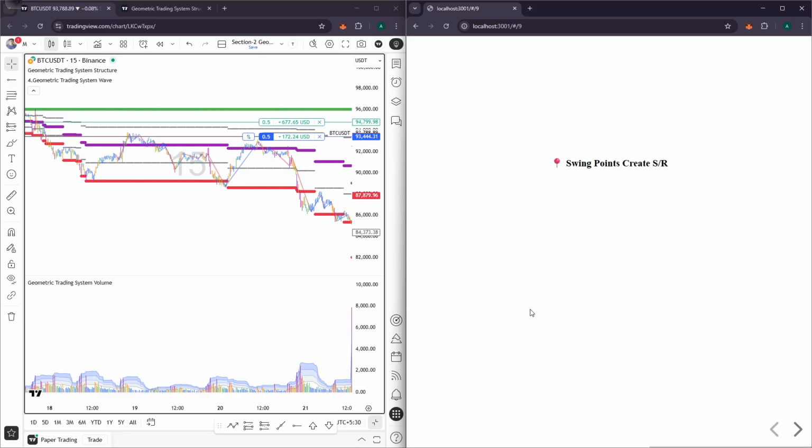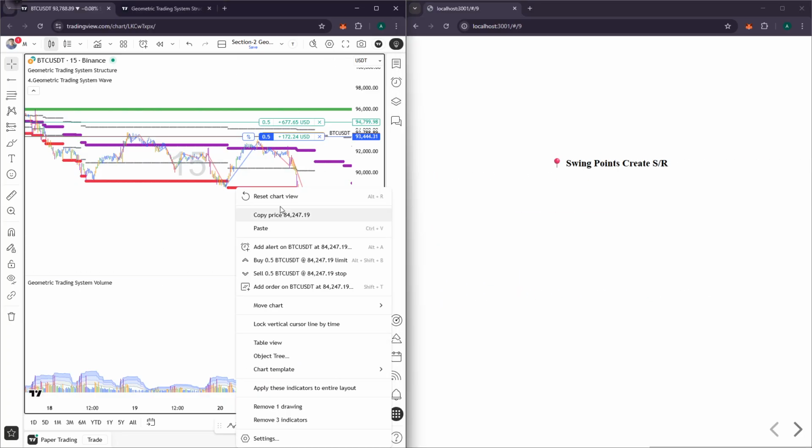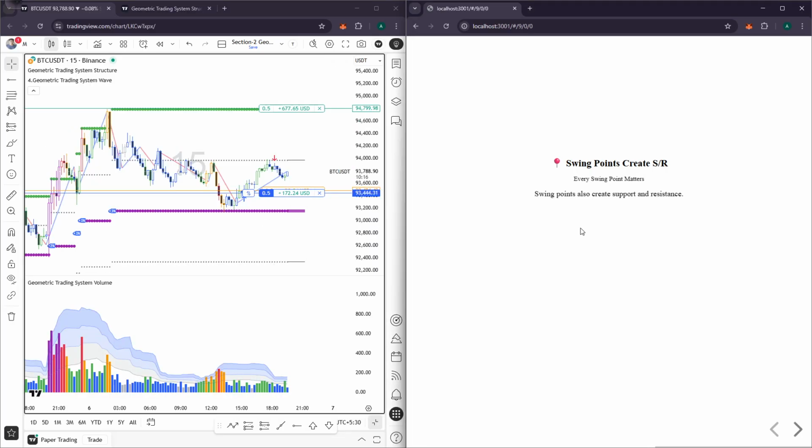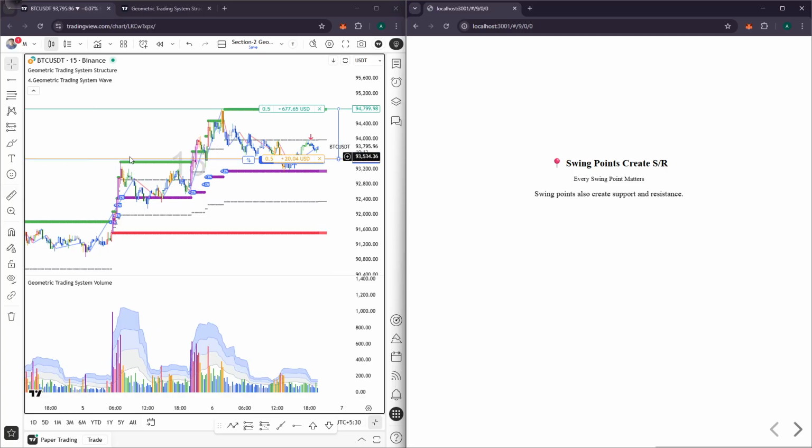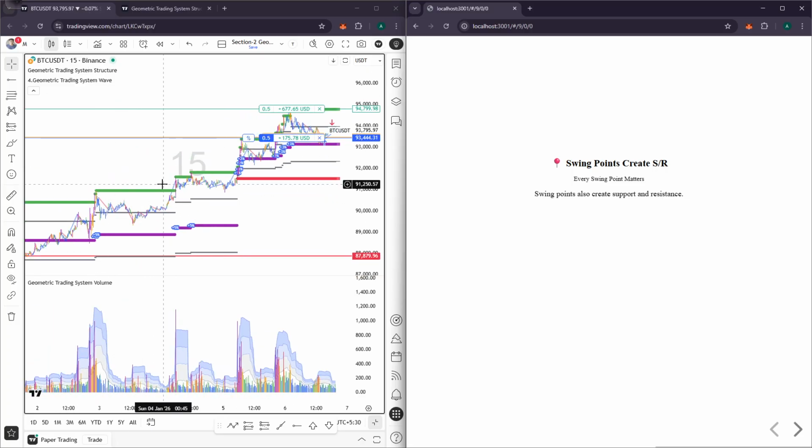All right. The swing points also create support and resistance levels. As I showed you, when you draw points like this, here I can draw, here I can draw, they also create support and resistance, but those are most of the time not reliable. The rule is every swing low becomes support, and every swing high becomes resistance.